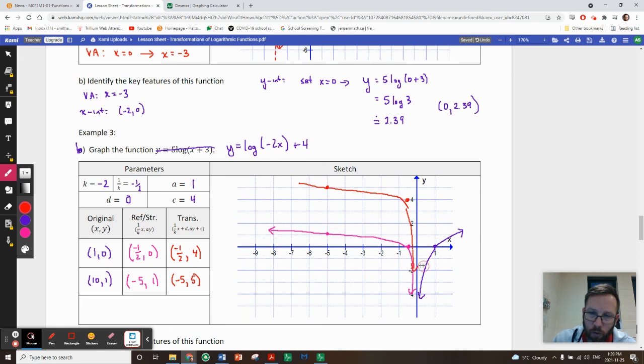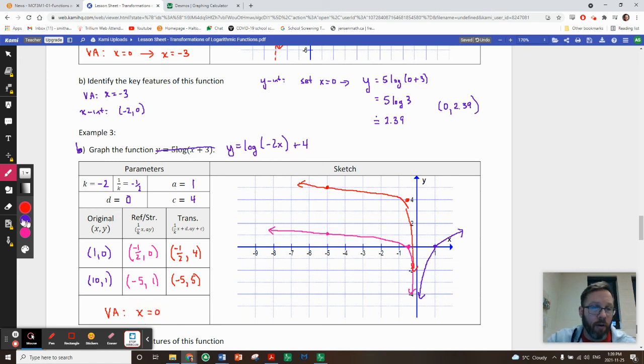And it shoots down towards the asymptote. Something like that. And that's our finished product. As far as the vertical asymptote goes, because the graph was not shifted horizontally, the vertical asymptote is still x equals 0.